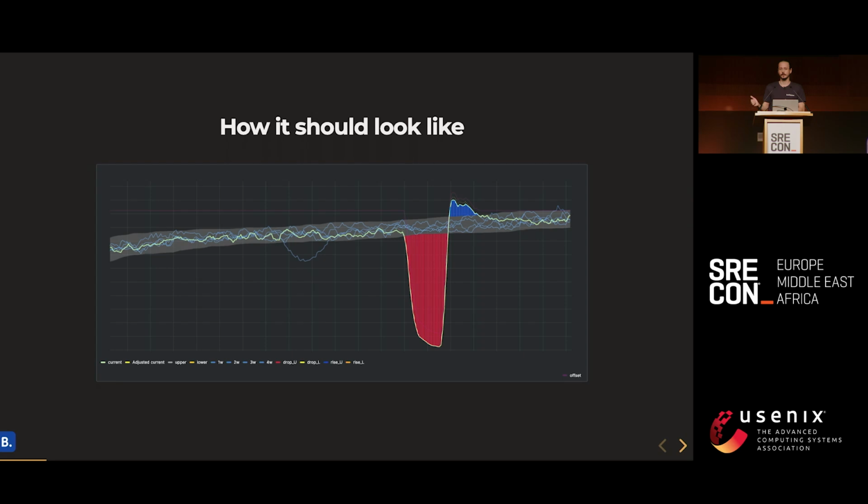This is what we set ourselves as a goal in the beginning. And this is, by the way, a real screenshot of a real Grafana dashboard that we're using for detecting anomalies. The idea here is that instead of coming up with some prediction metric and making a simple difference between the current metric and the prediction metric, we come up with a prediction range.